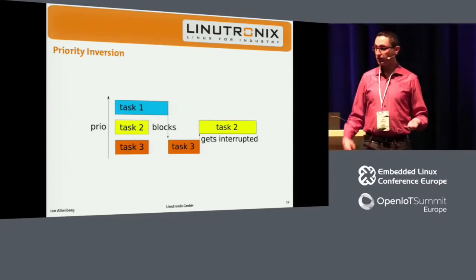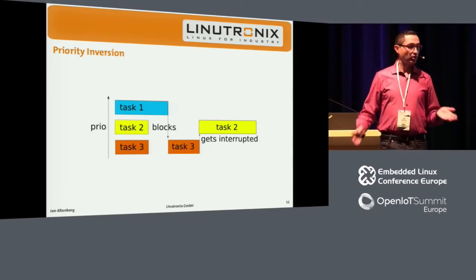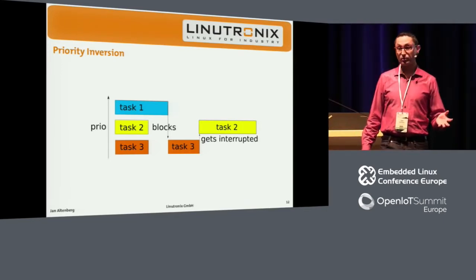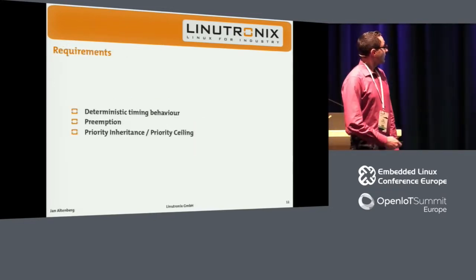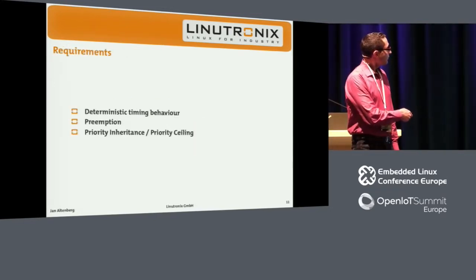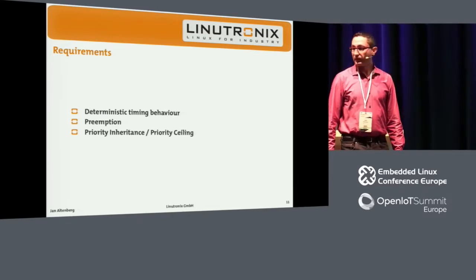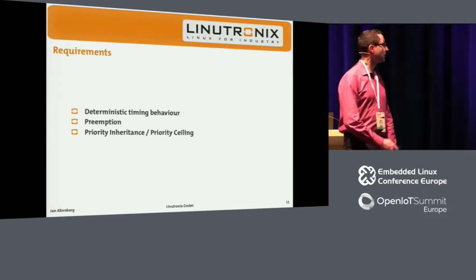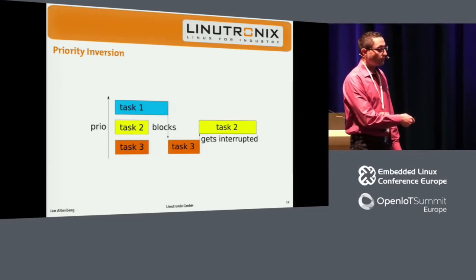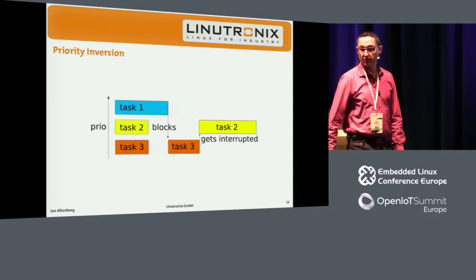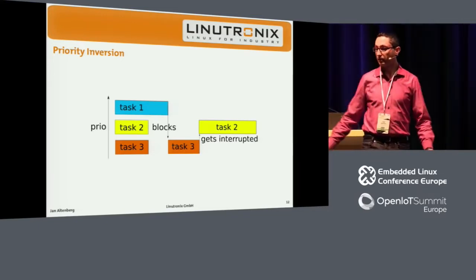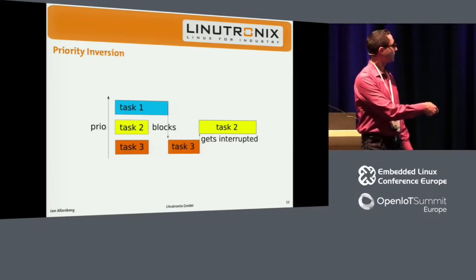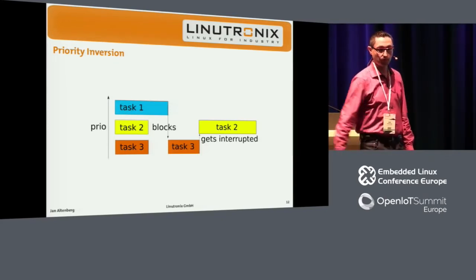So we have a couple of strategies, and actually Linux can already deal with this situation, and you don't even need a real-time extension. What Linux does is priority inheritance, which, to keep it simple, means we boost task 3 to the priority of task 1 until it releases the lock, so we avoid task 3 getting interrupted by someone.